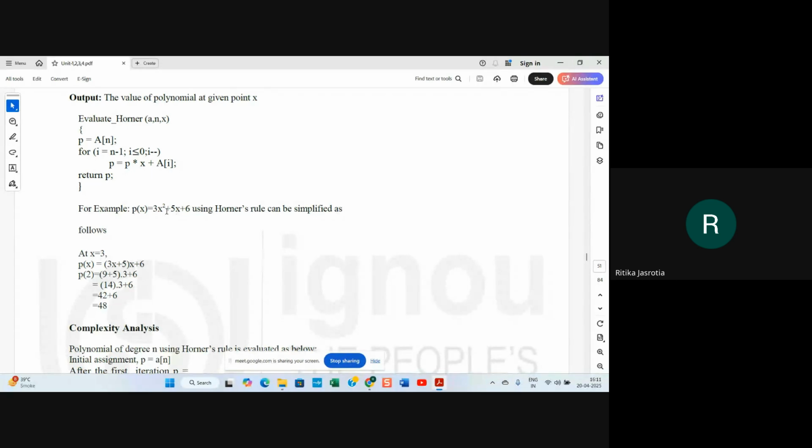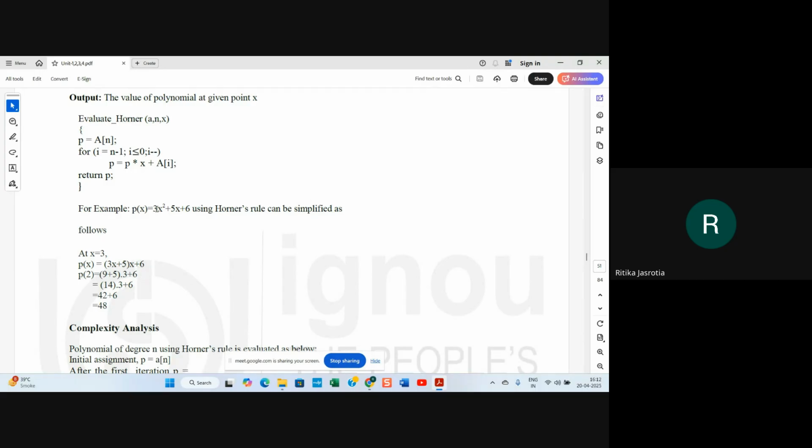If this is the example, 3x square plus 5x plus 6, at x equal to 3, P(x) will be (3x plus 5)x plus 6. So 3x plus 5 will be 3 into 3, 9 plus 5, into 3 plus 6.